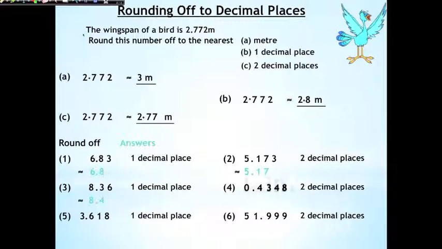Next, 0.4348 to 2 decimal places. We look at the 3rd decimal place. It's 4, so we round it down. So it's going to round down to 0.43. The next one is 3.6, and the last one is a little bit more tricky.